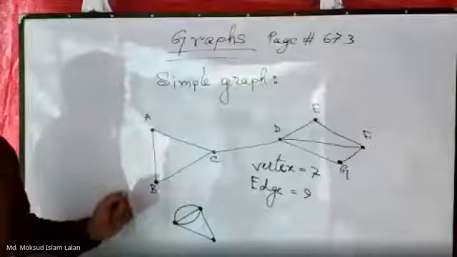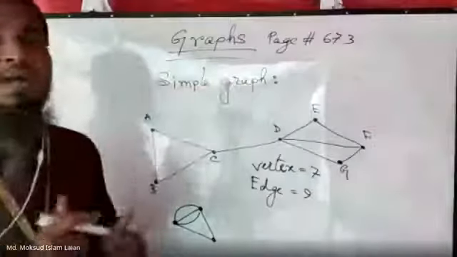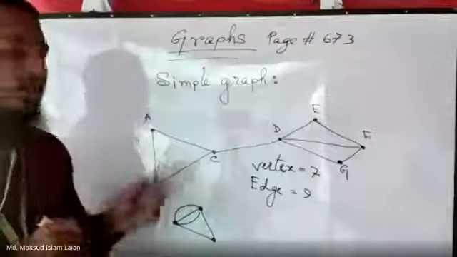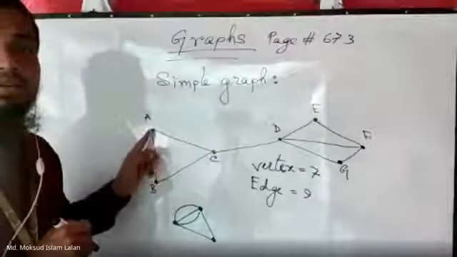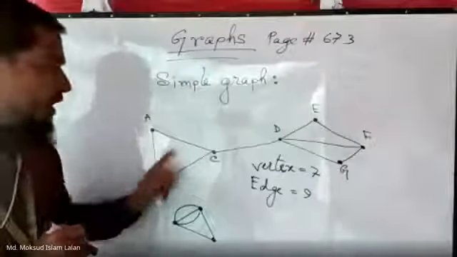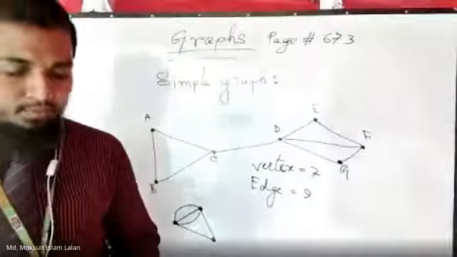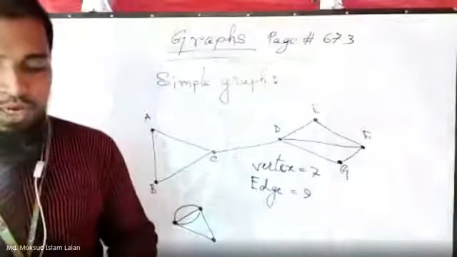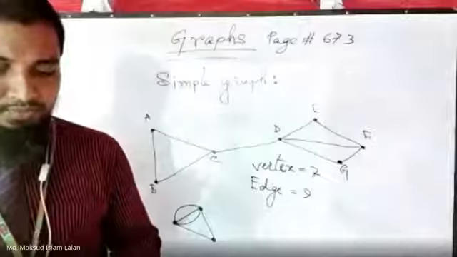So to determine a simple graph, you need to find how many edges are connected between 2 specific vertices. If you find that everything is a single edge connected with single edges, do you understand? Understood, sir.